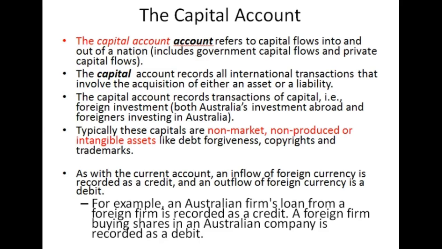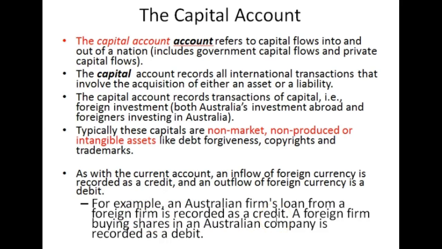And these capitals are usually non-market, non-produced, intangible assets like debt forgiveness, copyrights, and trademarks. Another example could be an Australian firm's loan from a foreign firm is recorded as a credit.